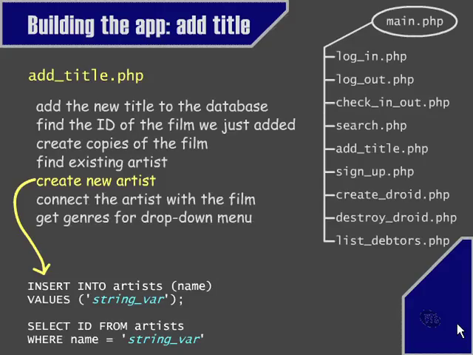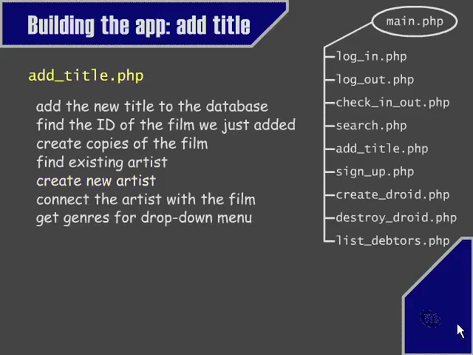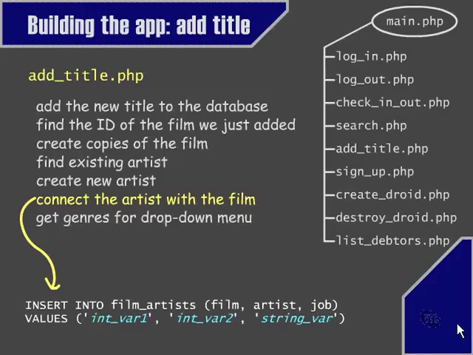Whether we've found an existing artist or created a new one, the next step is to make the relationship between the artist and the film. We do this using the film artist table, and we use the ID from the film that we found earlier on in this particular query, and we use the artist ID that we found either in this query or in the second one of this query, and we also include the job.